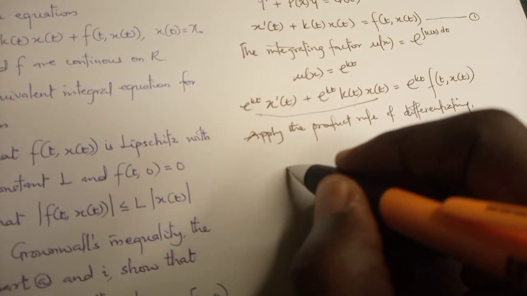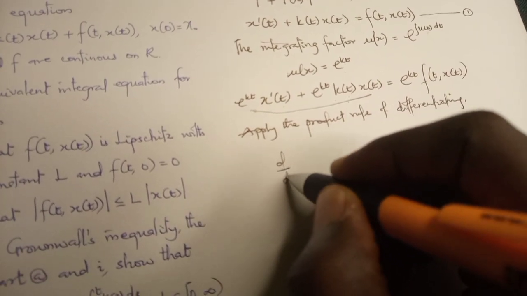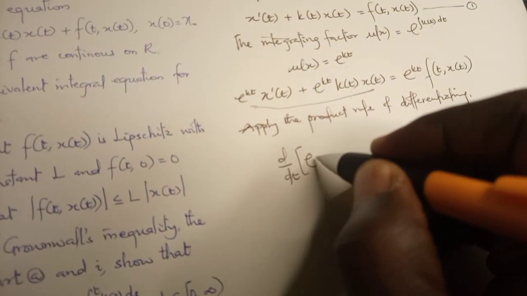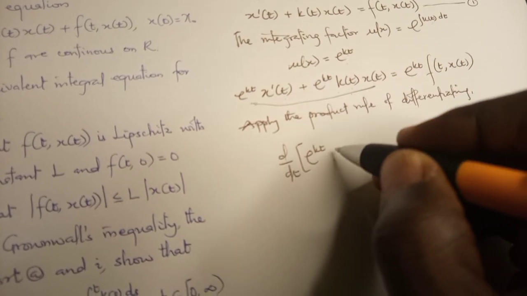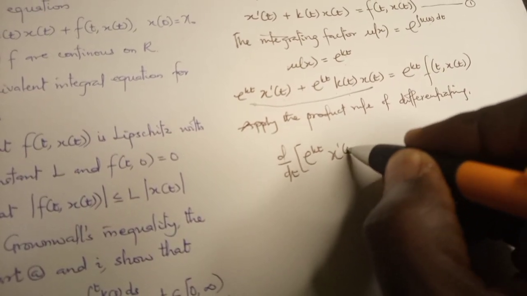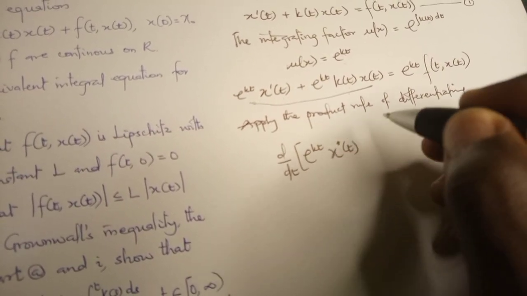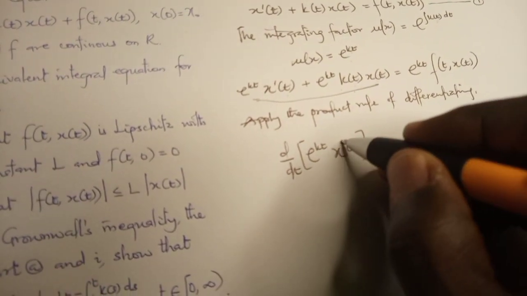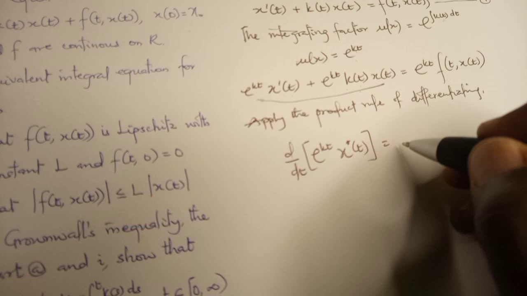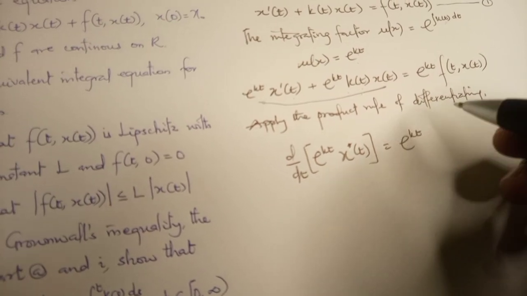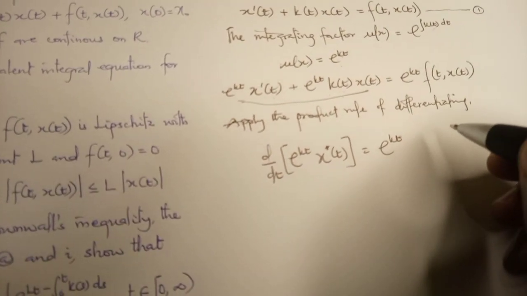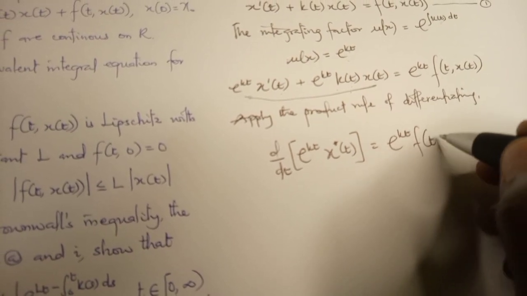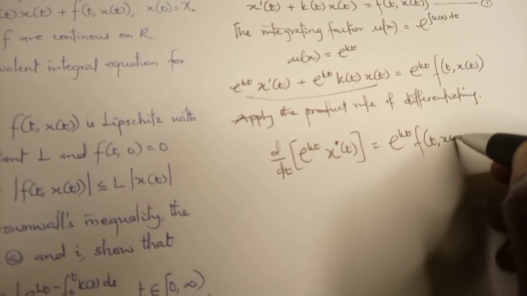So we have d of e exponent kt x of t equals, then we maintain this, e exponent kt f of t x of t.